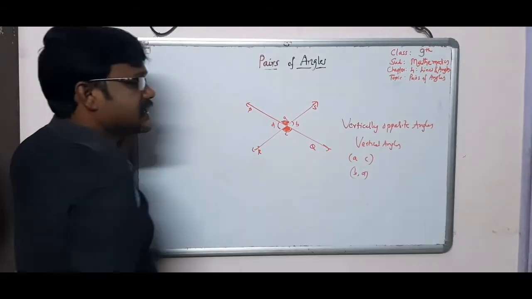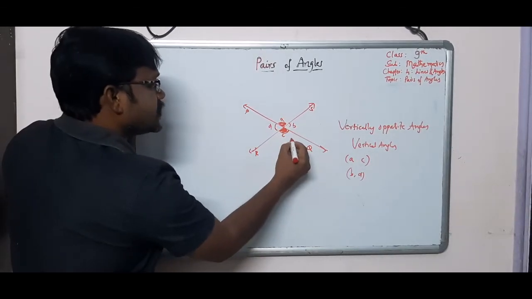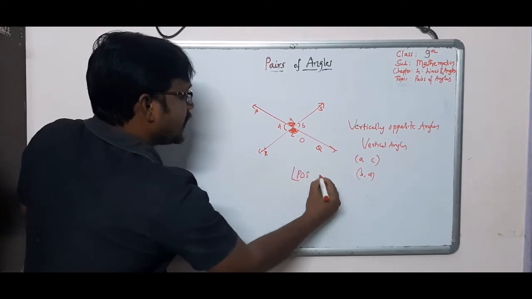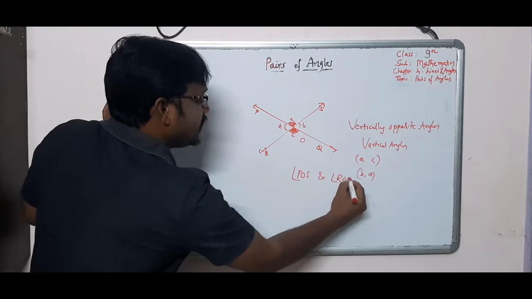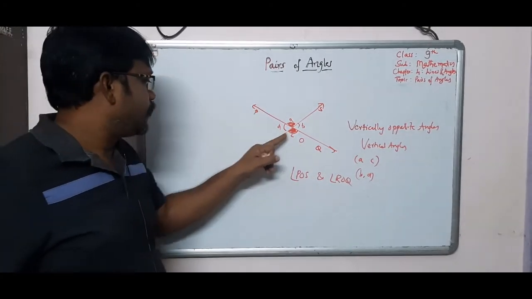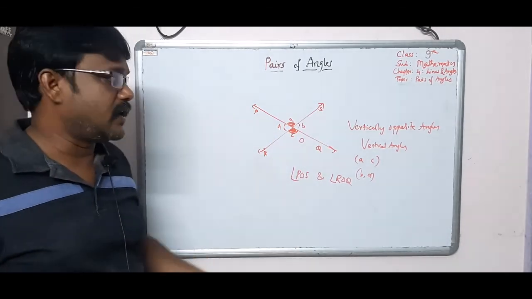Suppose the intersecting point is O, then angle POS and angle ROQ are one pair of vertically opposite angles. In the same way, angle POR and angle QOS are another pair of vertically opposite angles.